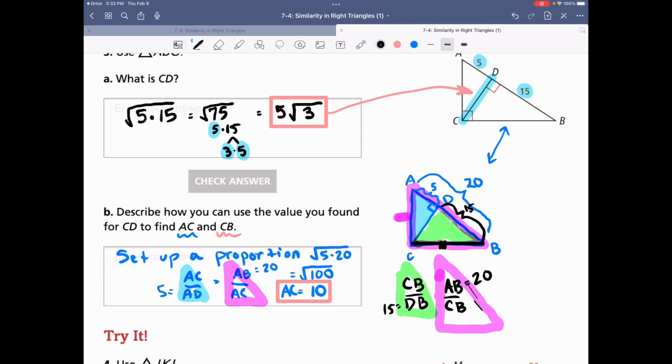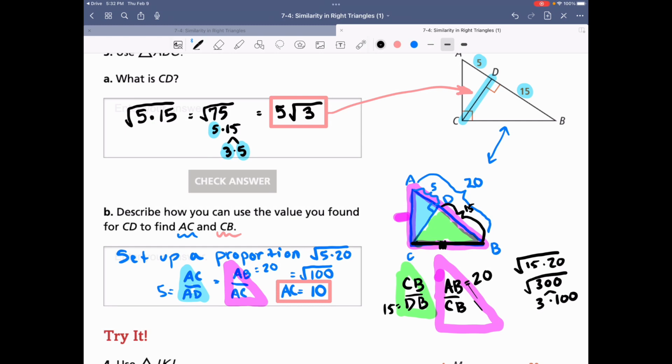And then we just cross multiply, so 15 times 20 is equal to 300. And if I wanted to find the factors that come out, I could say it's equal to 3 times 100.